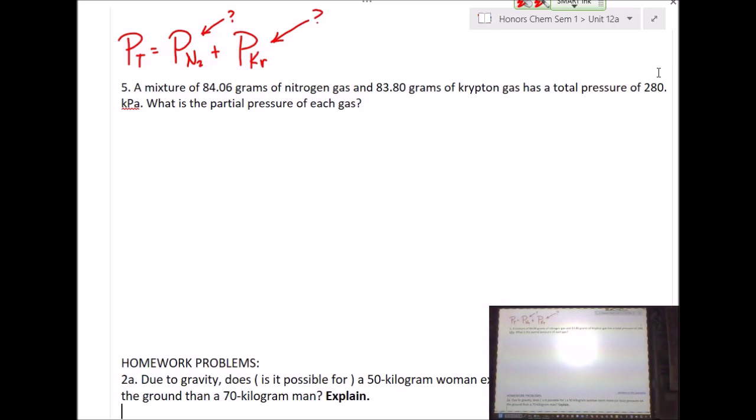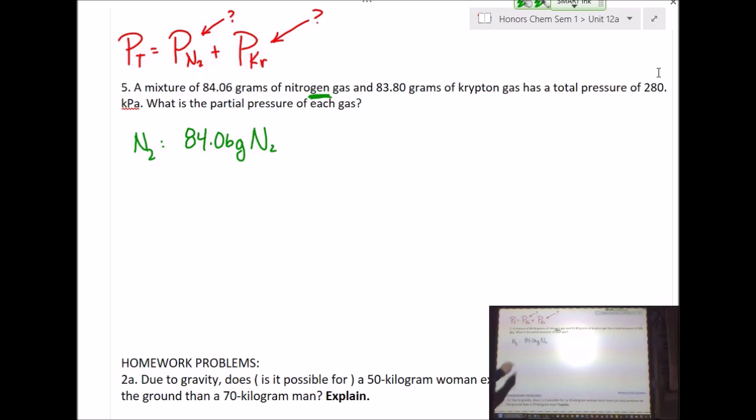First things first, let's find out how many moles of each we have. For nitrogen, we have 84.06 grams. Remember, gen means that we're looking at a diatomic. If it doesn't end in gen or ine, then you're not looking at the diatomic.